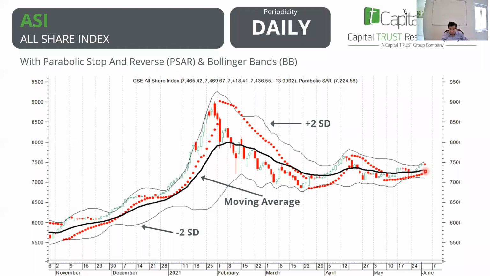During the past few days, it has been edging up, and if it continues to turn up, you'll see. And the other thing is this upper line, after hitting it, it doesn't penetrate. It's like a ceiling, right? You hit the ceiling, you hurt your head and you come down.